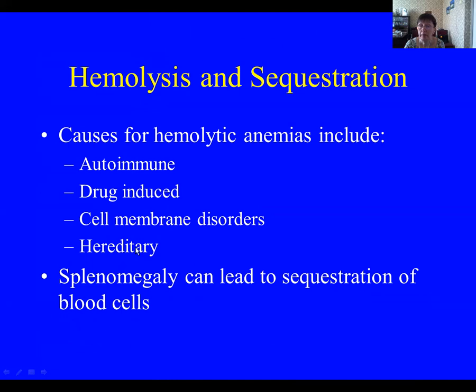And of course, they may be hereditary, like sickle cell anemia. Then the main sign of such anemia will be splenomegaly, enlargement of the spleen. And splenomegaly may not only be a sign, but it may be the cause of hemolysis.